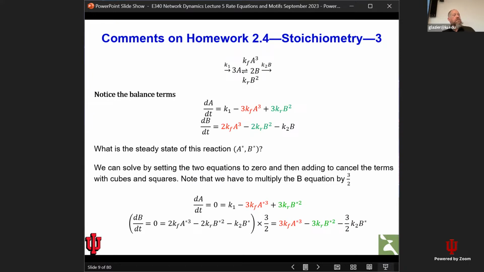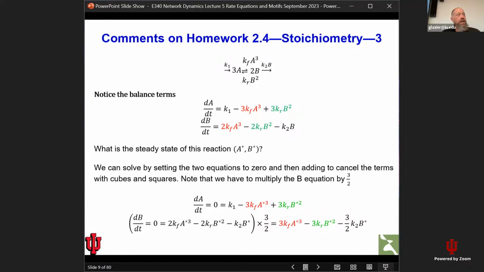And so the first thing I want to do is just color code the reaction, and we'll talk about balance. Every time we destroy our A, we create a B. And so this minus 3 KF A cubed turns into 2 KF A cubed, and we have 3 KR B squared balancing minus 2 KR B squared.